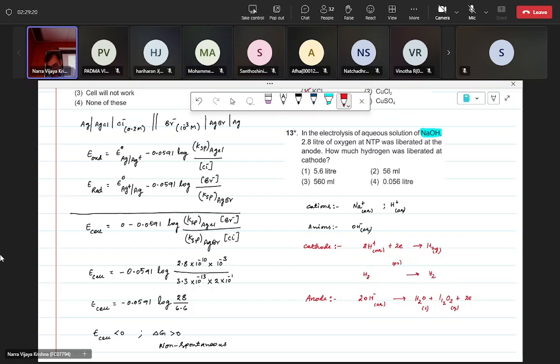How can I prepare H2 from H2O? By adding electrons. How can I do it? How will I write it?